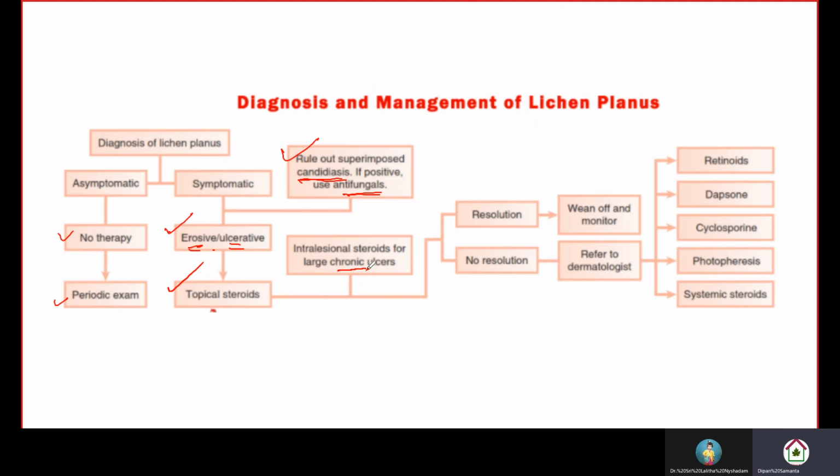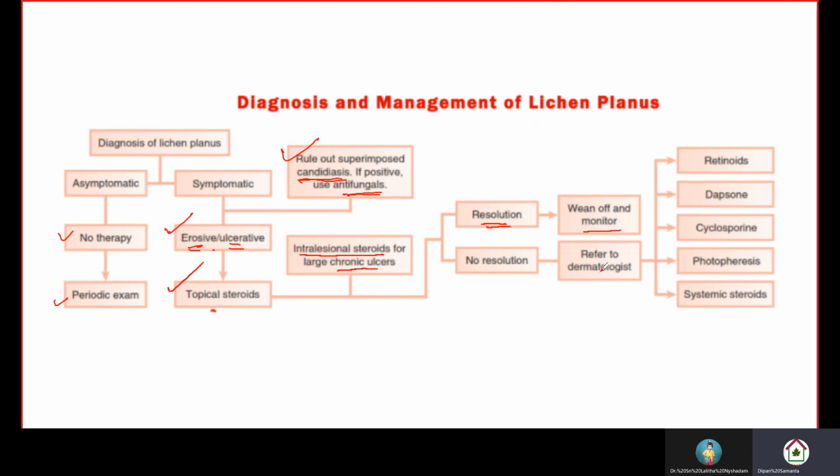If there is a chronic ulcer, then we will use intralesional steroids, steroids that are applied in or on the lesion. After topical steroids, if resolution occurs, that means it is controlled, then we need to monitor.